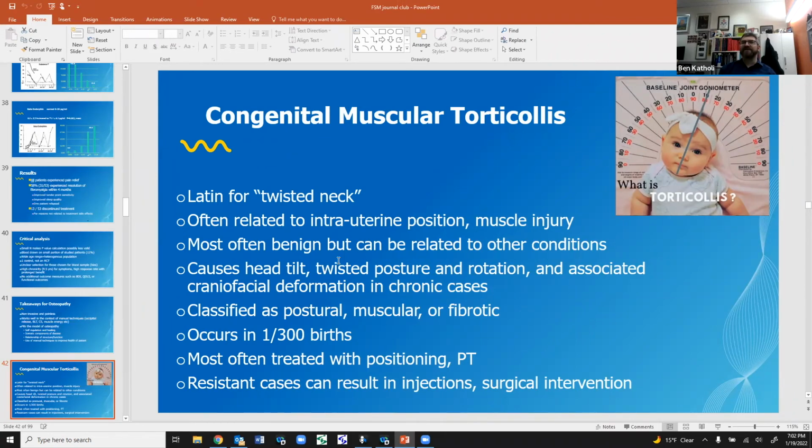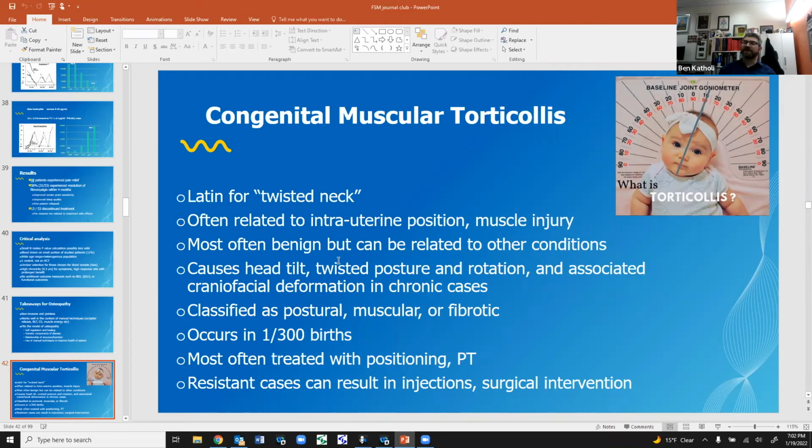But essentially, torticollis itself is Latin for twisted neck, which sounds really morbid, but congenital torticollis is very different than spasmodic torticollis, which is a dystonia that often occurs in the cervical spine and is treated often with botulinum toxin injections and a lot of other maneuvers. Traditional torticollis is not painful for the most part, but it's due to intrauterine position.